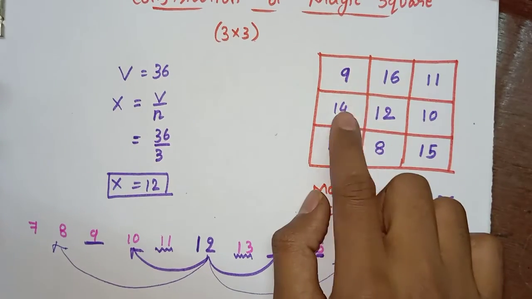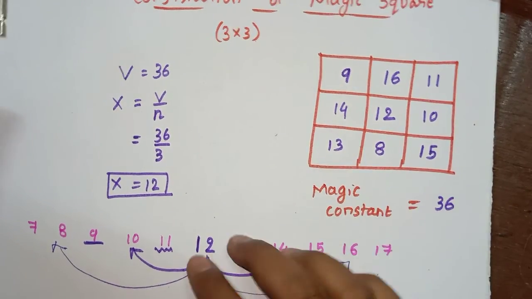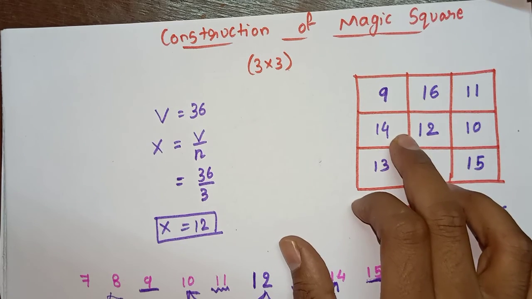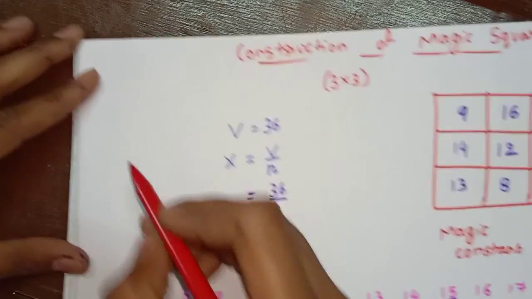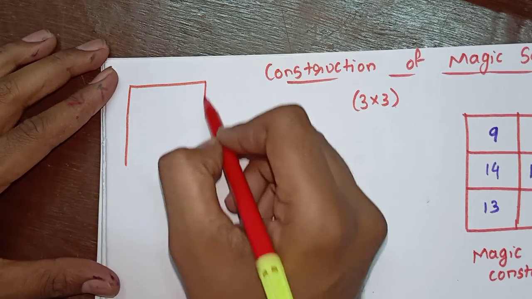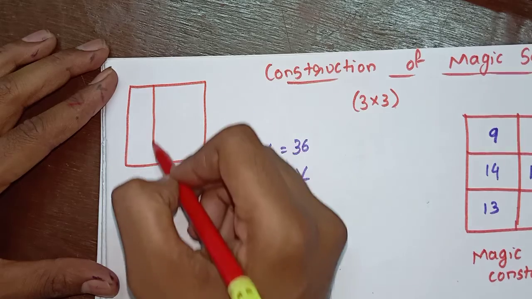And now when you want to give this to your friend, let's say after making this you want to give your friend a magic square to solve, you draw it.